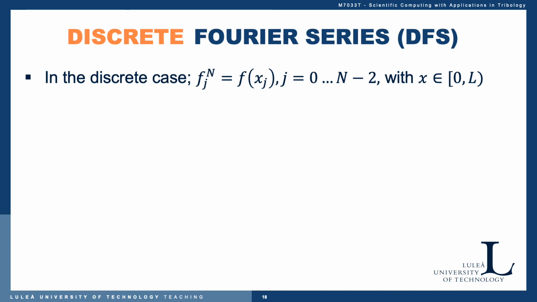Now, we note that xj is discretized and confined within the periodic window, and therefore we have j from 0 to n minus 2, so that it does not actually end up at the final node xl, because that's where the periodicity repeats itself.